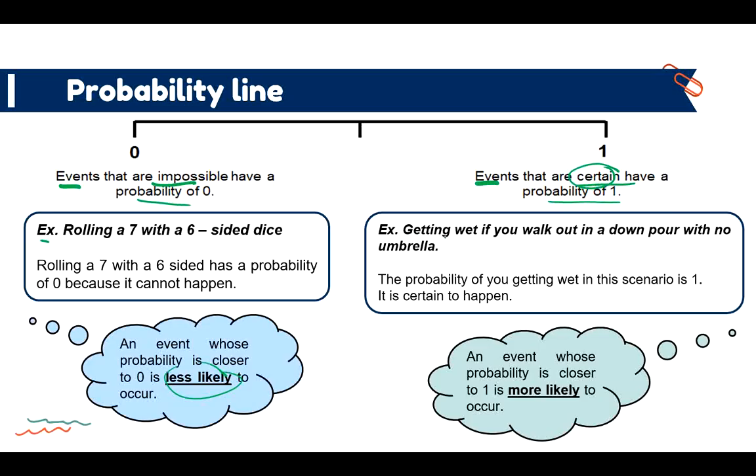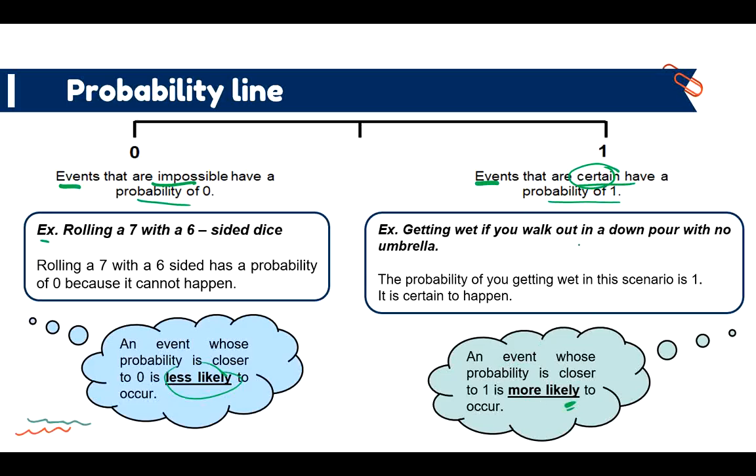For example, getting wet if you walk out in a downpour with no umbrella. Umuulan, wala kang dalang payong, technically talagang mababasa ka. So the probability of you getting wet in the scenario is 1 and it is certain to happen. An event whose probability is closer to 1 is more likely to occur.